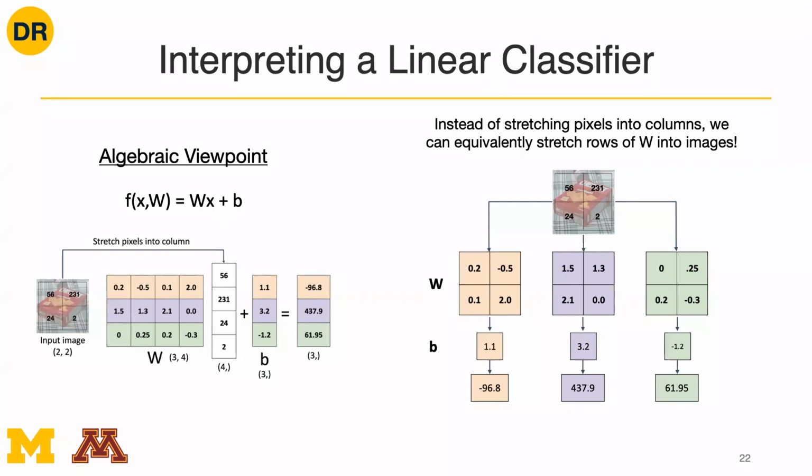What we did here is take the first row and create a 2x2 image, similar to the image that we have from the input. Then you're doing the inner product between this matrix and this matrix, and adding the bias to give you the score. So we just modified W in a different way, but the output is the same.